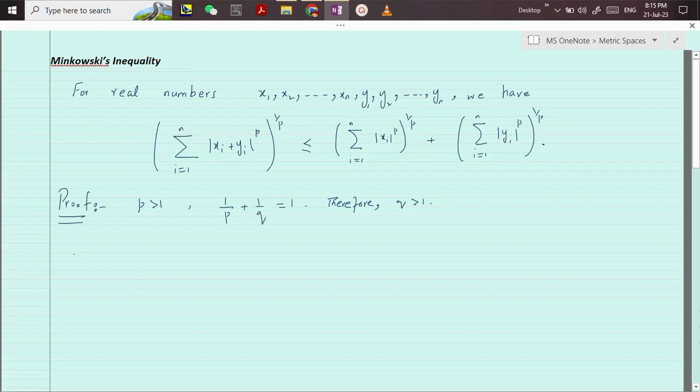Here we deal first of all with case 1. The case 1 is that, you write here, either this quantity summation i from 1 to n mod of xi power p equals 0, or summation i from 1 to n mod of yi power p equals 0.